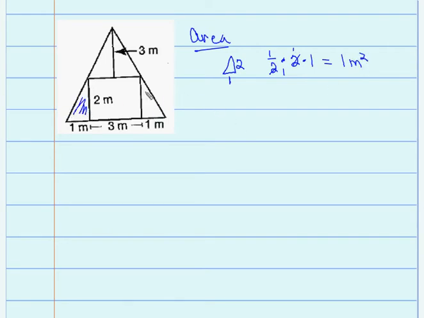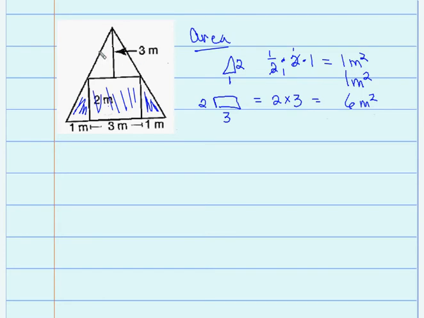So I did this one, and I have this one to do, so I can just write that down again. This rectangle is 3 by 2, which is 2 times 3 or 3 times 2, which is 6 meters squared. So that's done.